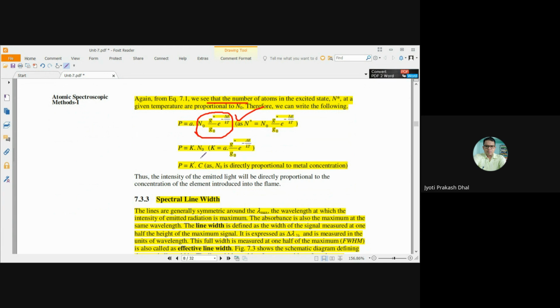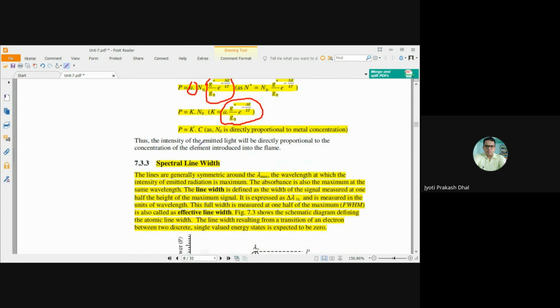So we can write P equals some overall constant K into n naught, where K equals A into G star by G naught into e to the power minus del E by KT.